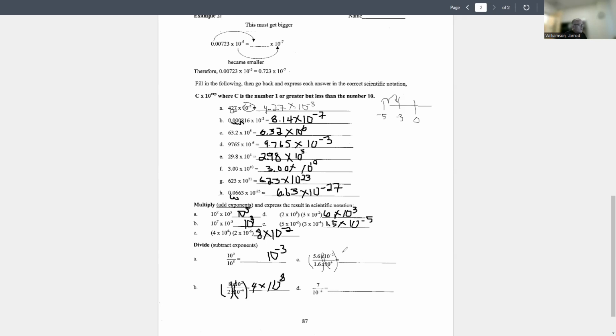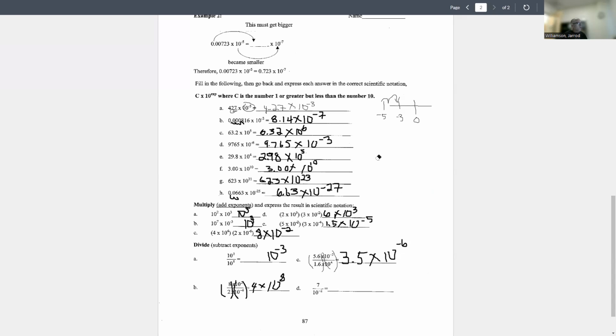So I've got 3.5 times, and here I have 10 to the negative 2 minus that positive 4. That'll be 10 to the negative 6. Okay, it's supposed to be a negative 6, guys. That's kind of a little on the sloppy side. So let me redo that. There we go. Okay.